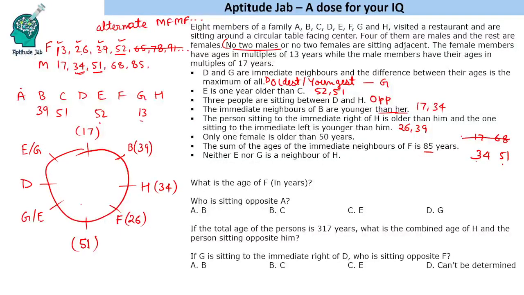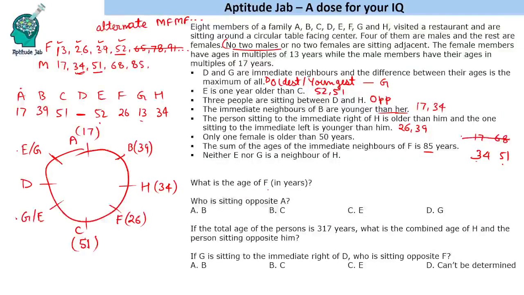Yeah, C, this is 51, this is C. So the only person left is A. So A will be 17 years of age. Okay, so this will complete the arrangement. We could not find the positions of E and G, but we know their ages. So we know the ages of these people. We do not know the age of D, and we do not know the positions of G and E.